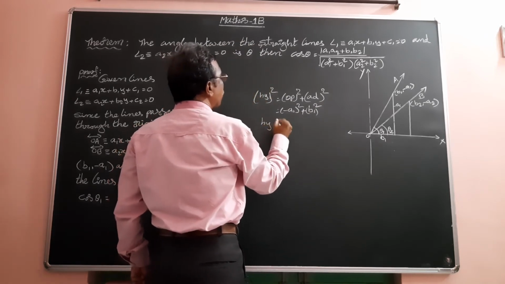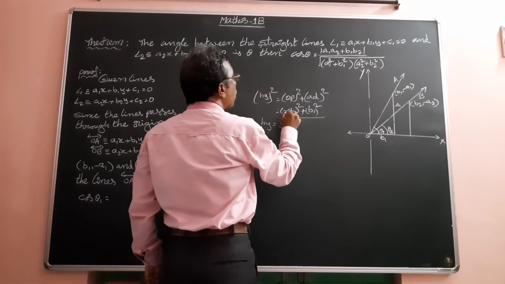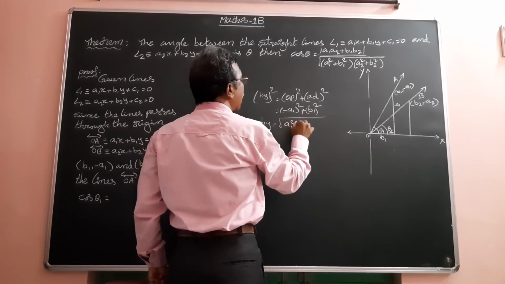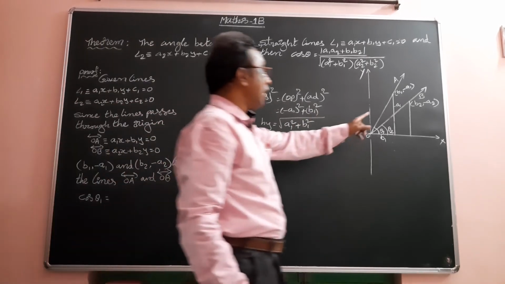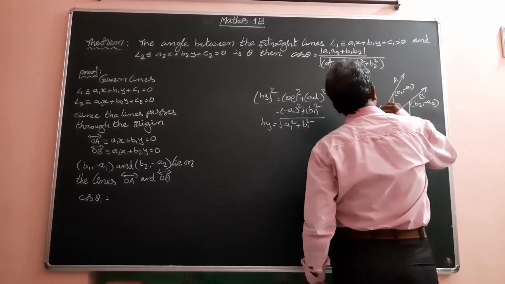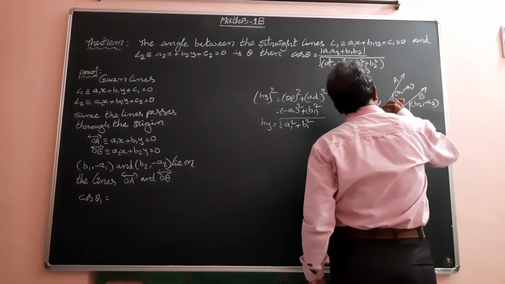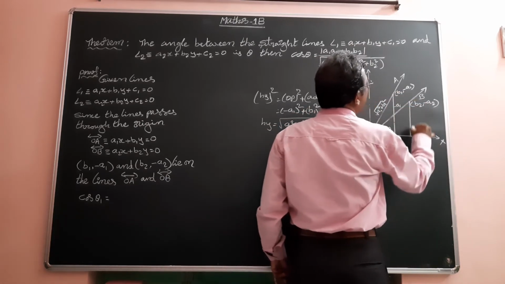Hypotenuse square equals, minus a1 whole square means plus a1 square plus b1 square. The hypotenuse is root of a1 square plus b1 square.